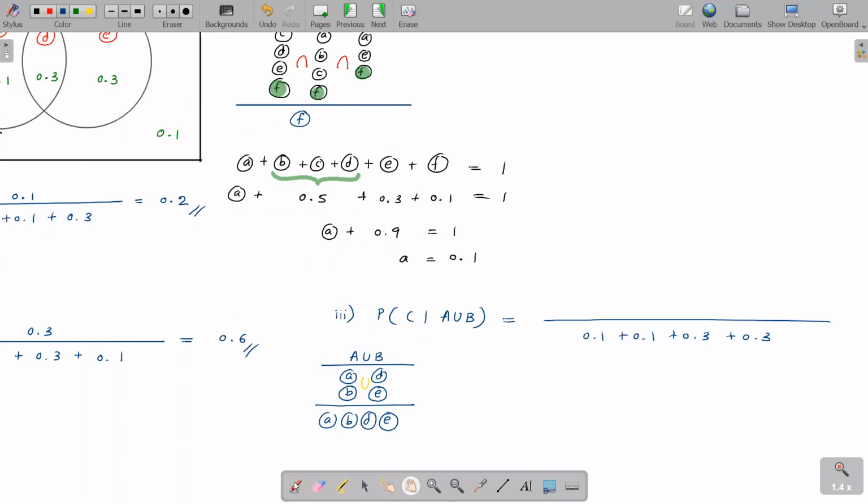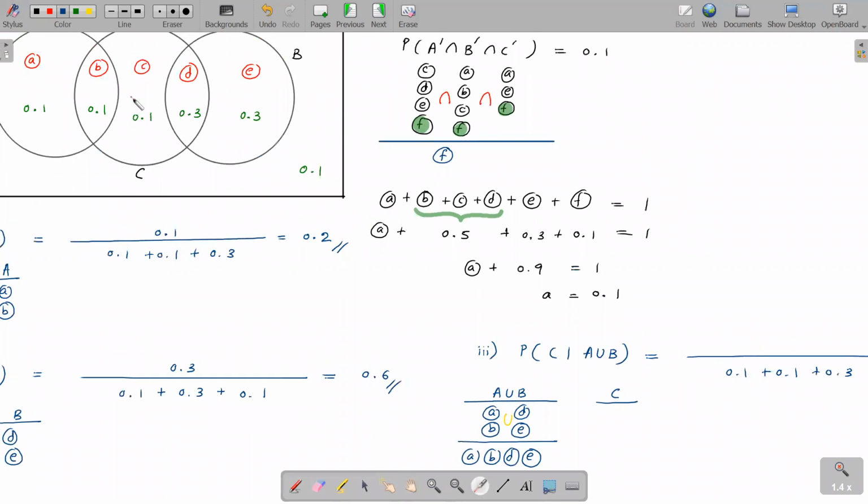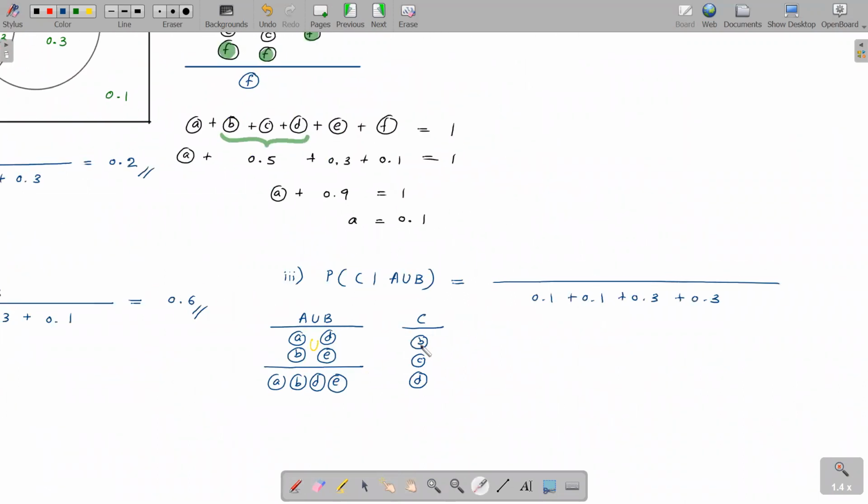All right, so now let's get the probability of C. Inside circle C, what are the regions we have? We have B, C, D, right? Now out of these three regions, how many of them correspond to the given part? B corresponds with the given part, and C doesn't. D corresponds with the given part. B and D correspond, which means B and D probabilities must come on the top.